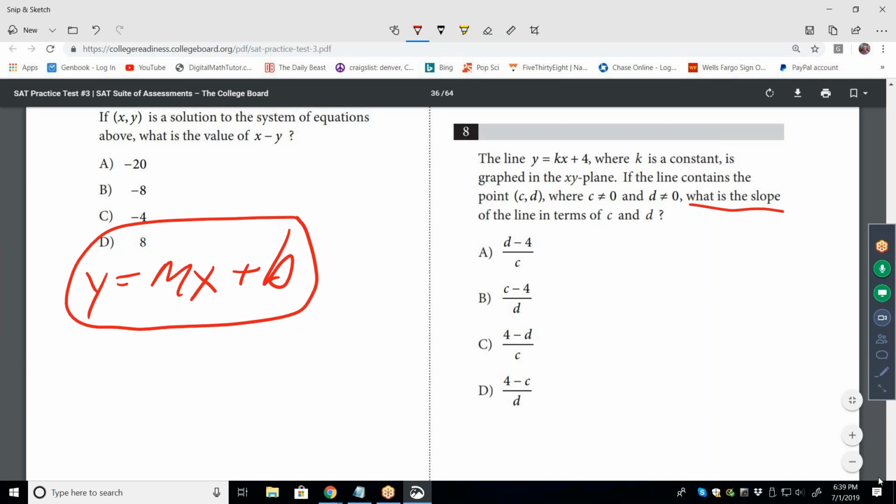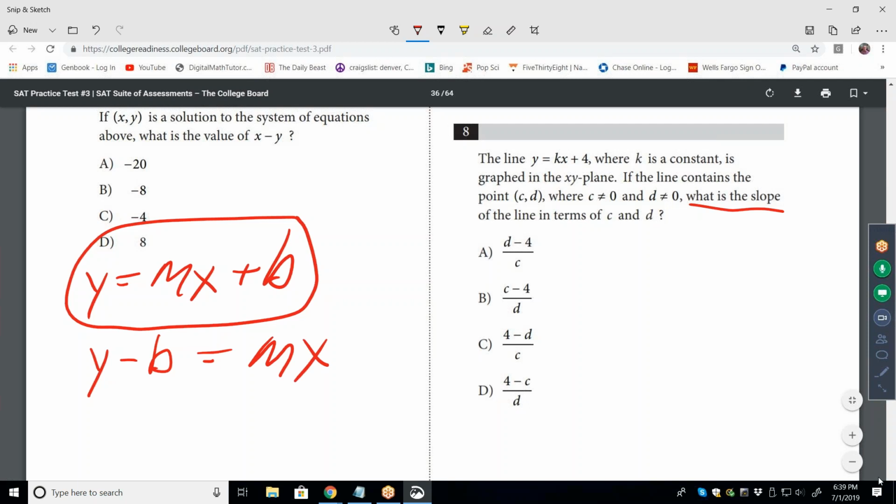You got to get rid of the x and you got to get rid of the b. So which one do you get rid of first? No. Get rid of whatever's being added or subtracted. Right now, b is being added. So I'm going to get rid of the b by subtracting it.